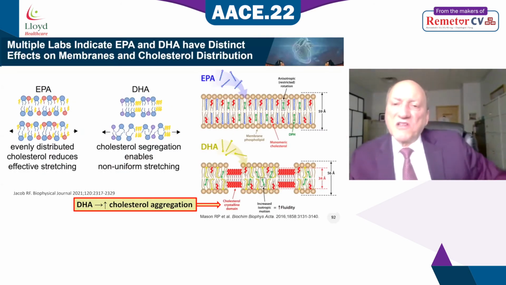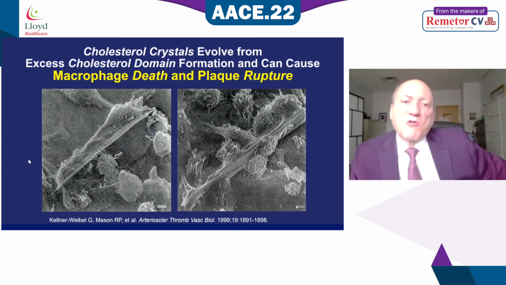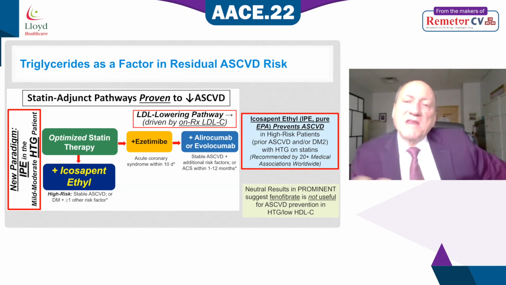Those cholesterol crystalline domains, what do they do? They become cholesterol crystals. This is an electron micrograph of a huge cholesterol crystal with some macrophages. Notice how big that crystal is. It's big enough that it kills the macrophages, and it can also cause plaque rupture. So adding DHA is a bad idea. Adding EPA is a good idea.